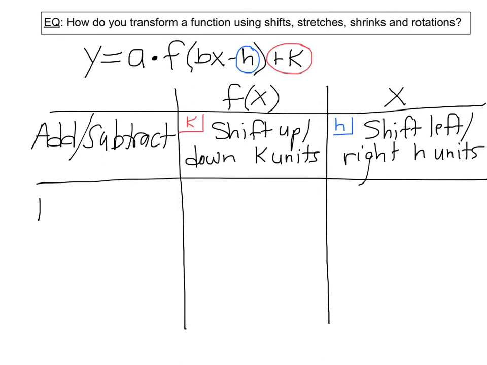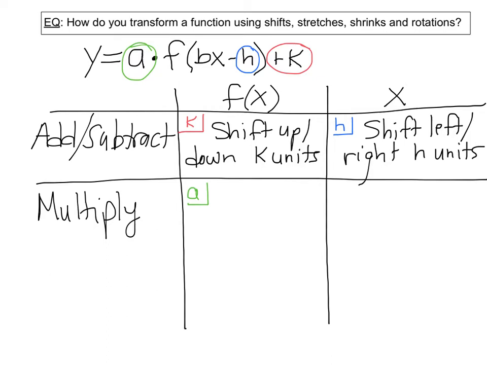Now what happens if we multiply times the outside of the function? Well, that's a. A is what multiplies the outside of the function. So what does that do?